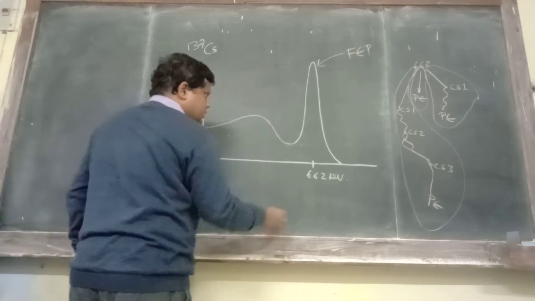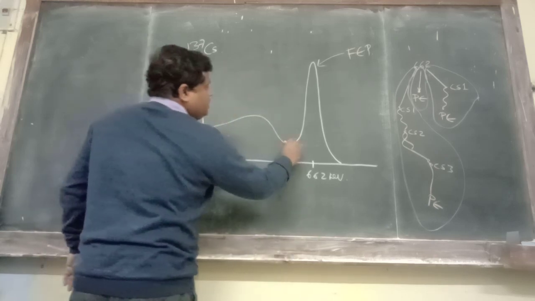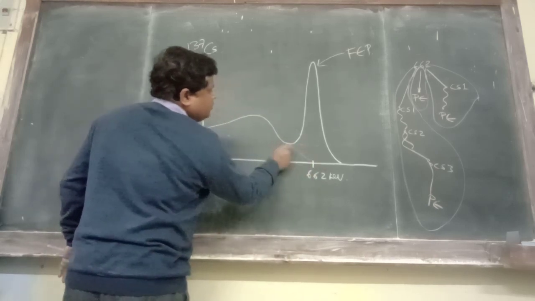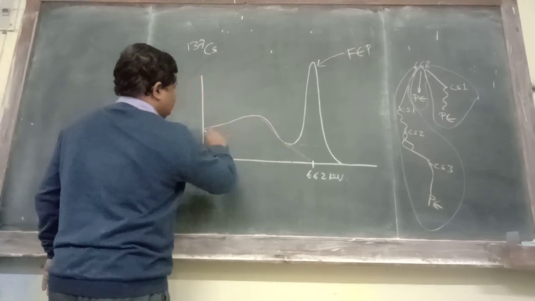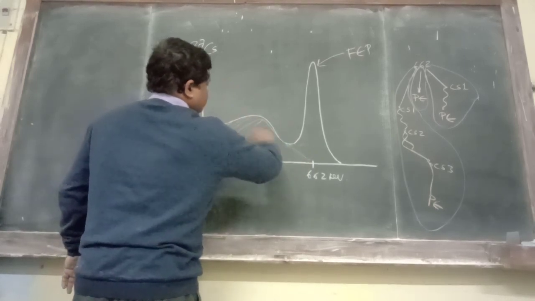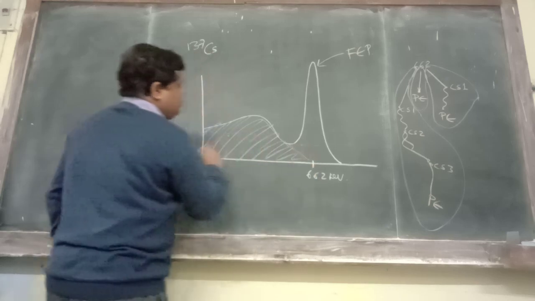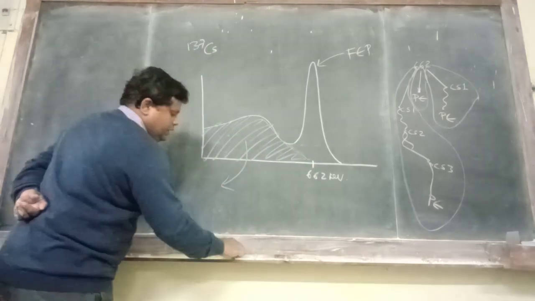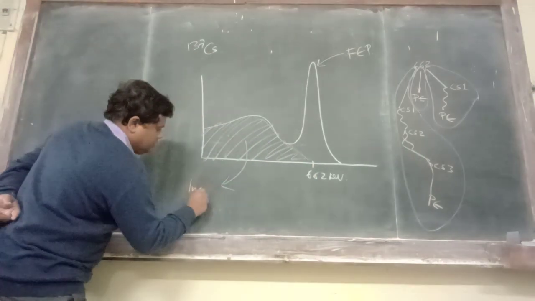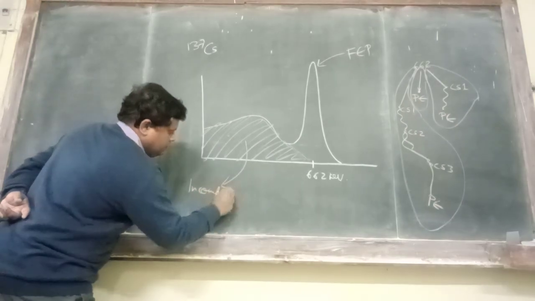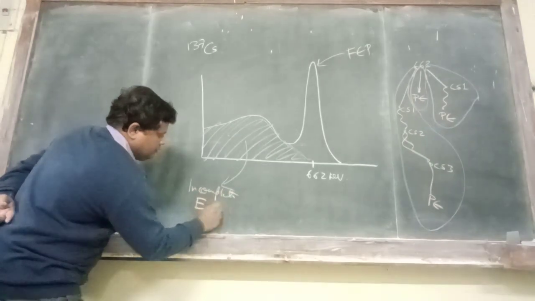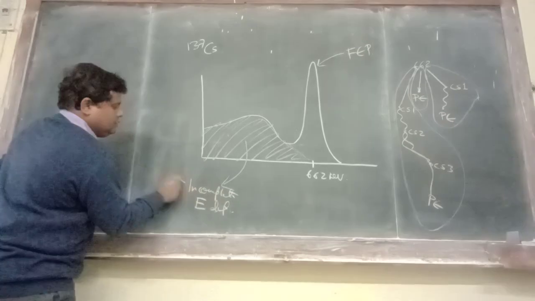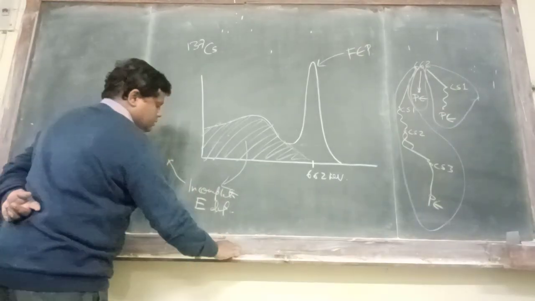So what I mean to say is that anything, you see, this entire structure, this entire region, corresponds to incomplete energy deposition. And this is Compton background.